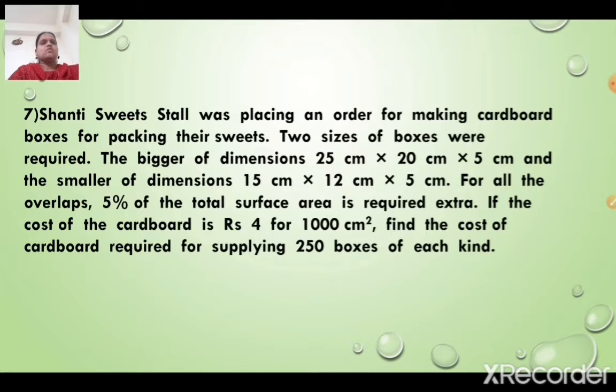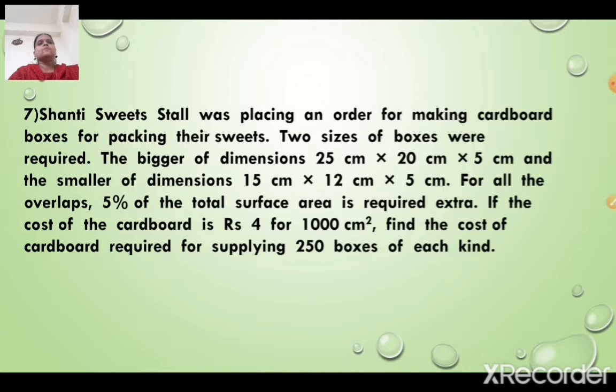Shanti Sweet Stall was placing an order for making cardboard boxes for packing their sweets. Two sizes of boxes were required. The bigger of dimensions 25 cm x 20 cm x 5 cm, that means length is 25 cm, breadth is 20 cm and height is 5 cm. And the smaller of dimensions 15 cm x 12 cm x 5 cm.